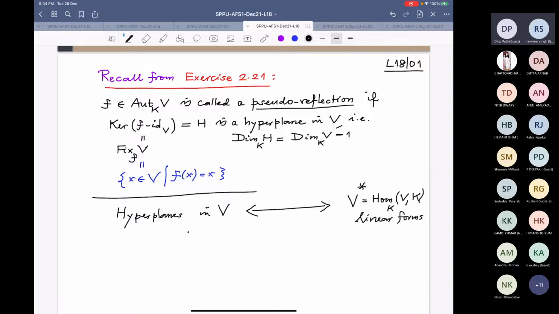And a hyperplane H will correspond uniquely to a non-zero linear form phi. What is the association?